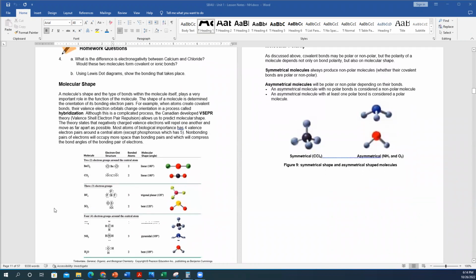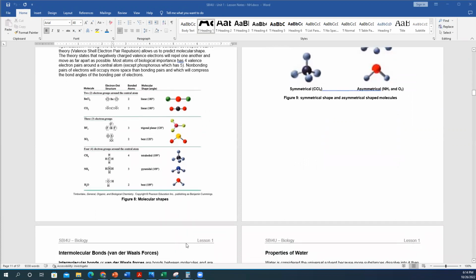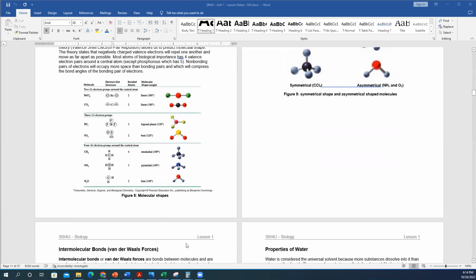We talked a little bit about molecular shape, and we discussed the geometry of different types of molecules. In one of your assignments, we discussed the difference in geometry between an ammonia versus an ammonium molecule.